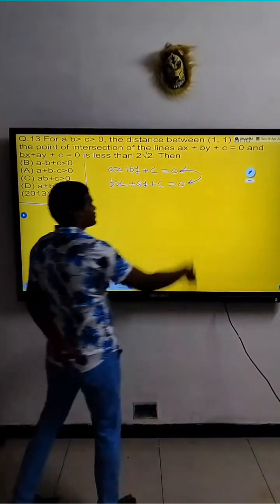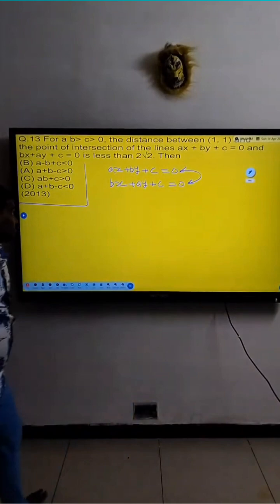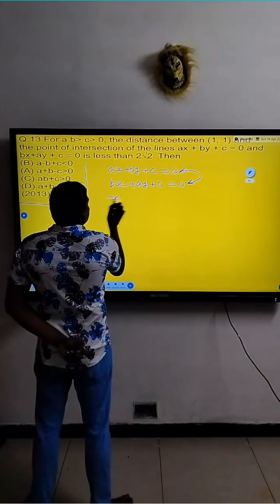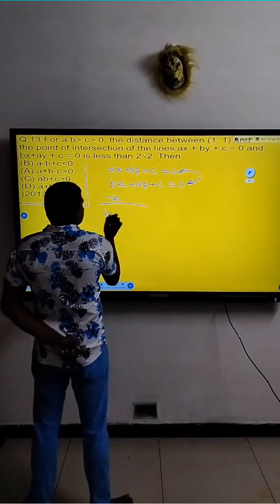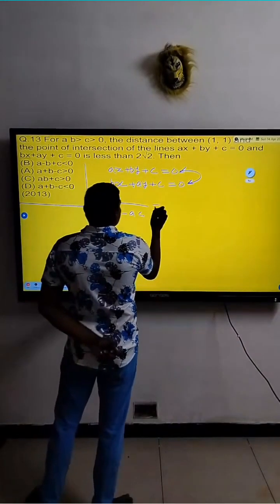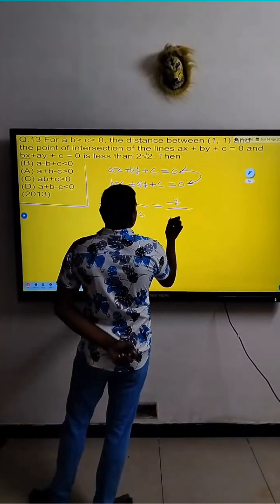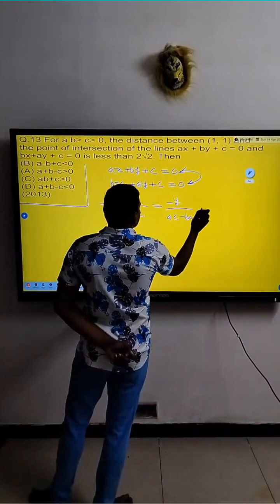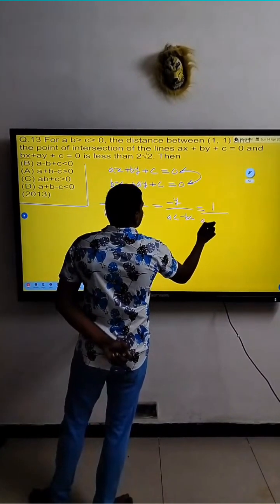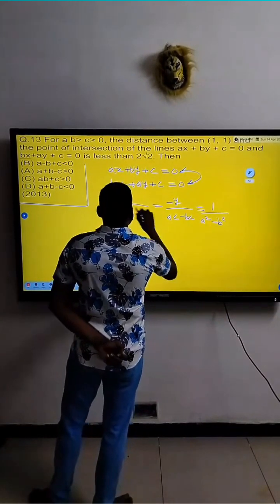Solve these two lines by the cross multiplication method, that is x upon BC minus AC, minus y upon AC minus BC, will be 1 upon A square minus B square.